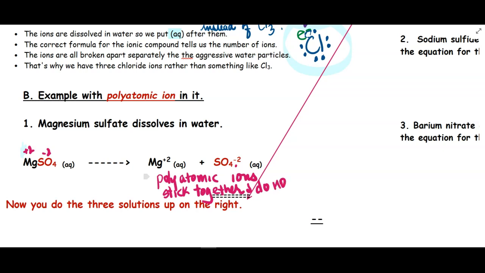They do not break apart into sulfur and 4 oxygens. Partly because they're unlikely to form ions. So polyatomic ions are covalently bonded atoms together. They are not ions by themselves. All right, so these are covalently bonded.